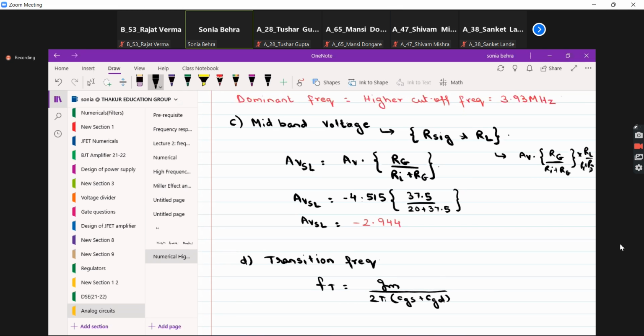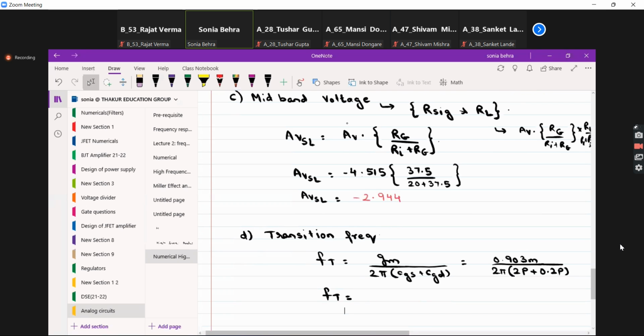GM you have found out, which was 0.903 milli, upon 2 pi. CGS is given as 2 pico and CGD is given as 0.2 pico. Just put the values and give me the transition frequency also.